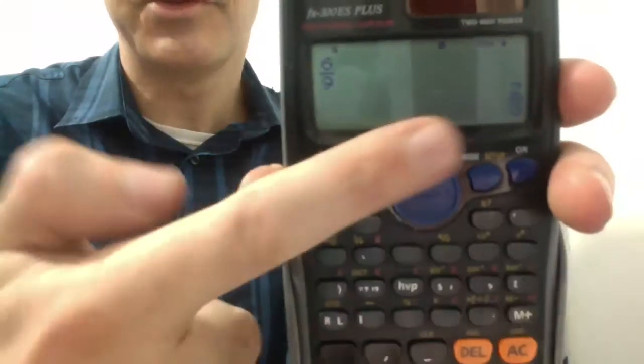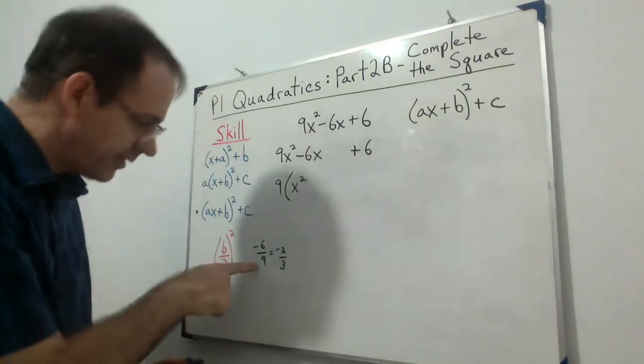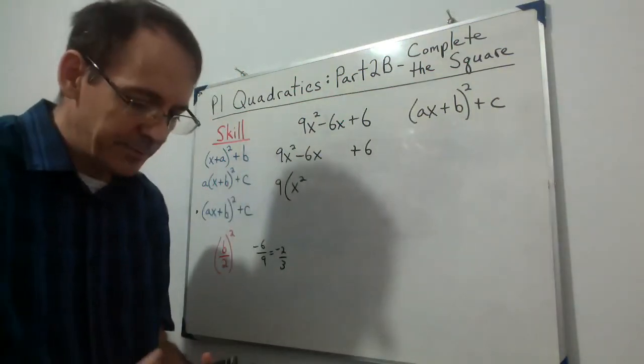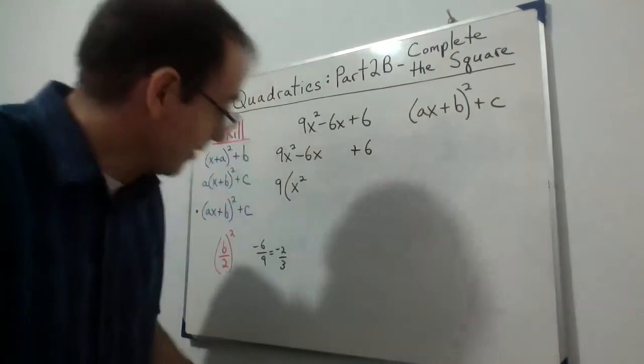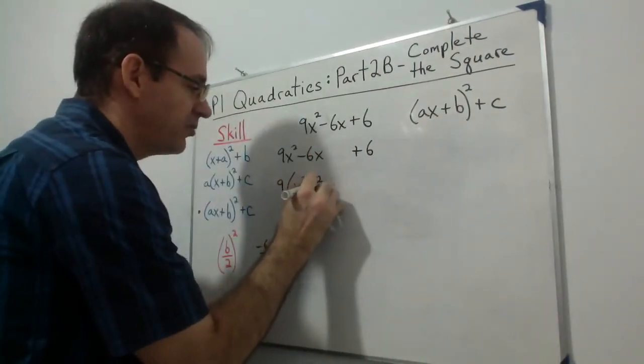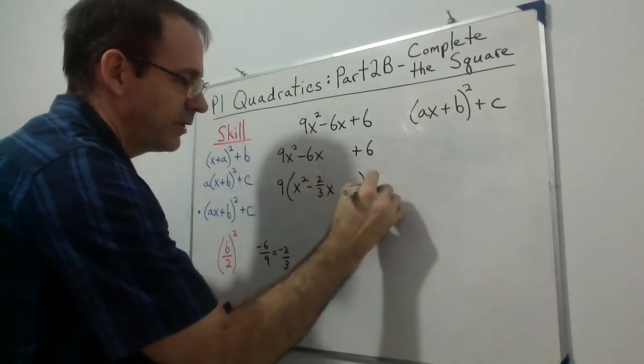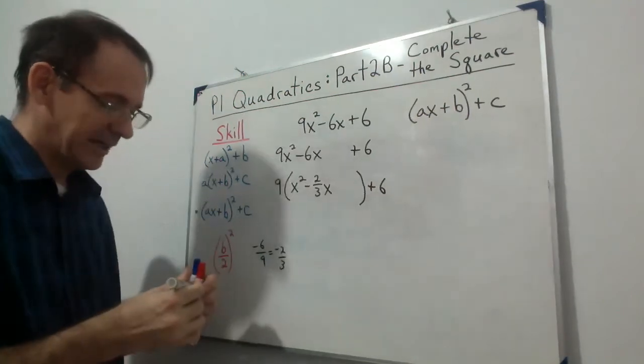And when you hit the equals, notice it reduces it to 2/3 for you. Okay, so if you have to use your calculator, you can use your calculator. You can do it off to the side, but reduce that fraction down. Don't be afraid of it. So we have a minus 2/3 x. We're going to leave our space and we put our plus 6 out there.